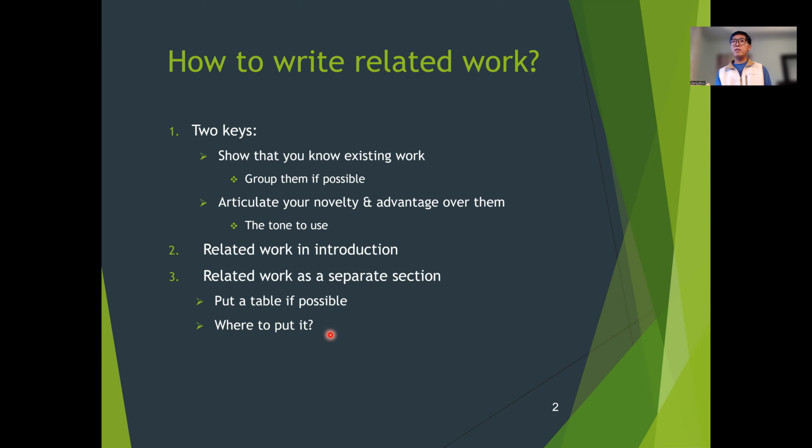It's also easier to articulate your novelty over related work if you put the related work section at the end. Why? Because you have already spent many pages describing your solution. People know the details of your solution. Then when you articulate novelty over existing work, it will be easier for them to digest, right?